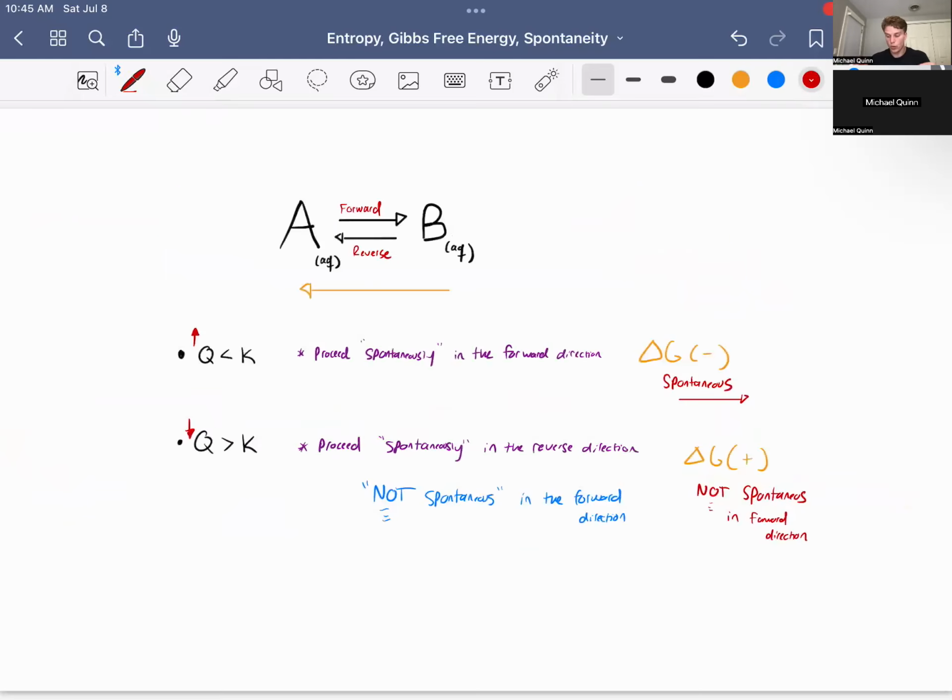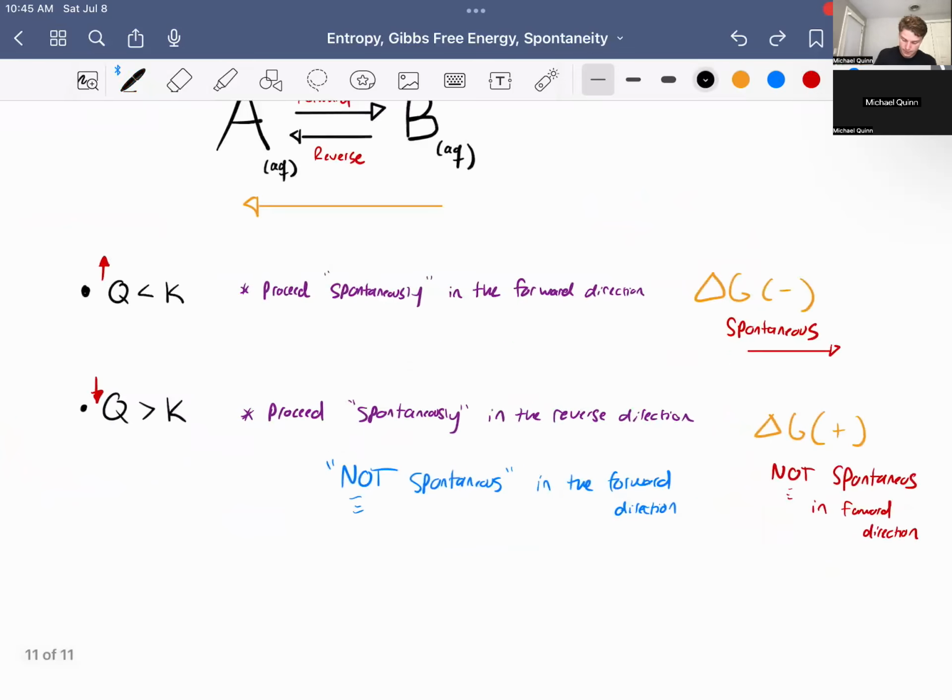I should add that when we talk about delta G, we are using the sign to indicate if it is spontaneous or not in the forward direction. So delta G being negative means we are spontaneous in the forward direction. Delta G being positive means we are not spontaneous in the forward direction, but that we are spontaneous in the reverse direction.